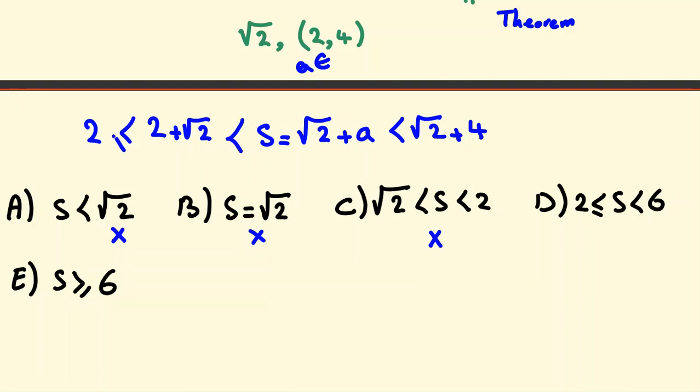Greater than or equal to means it is greater than this or equal. Because it is greater than, it is okay. Less than 6, we can say it is less than 2 plus 4, so less than 6. So D is correct. Also, let's reject E. It says S is greater than 6. Impossible because S is less than 6. So the answer is D.